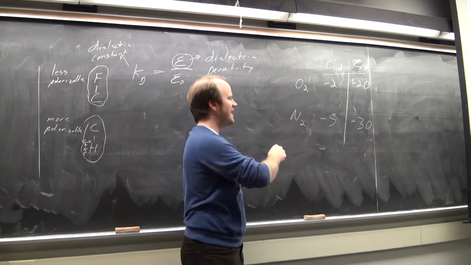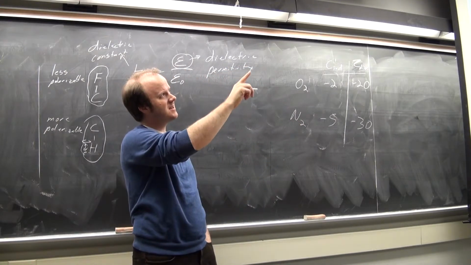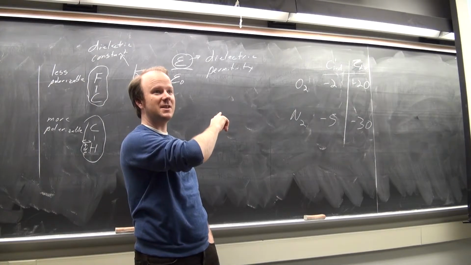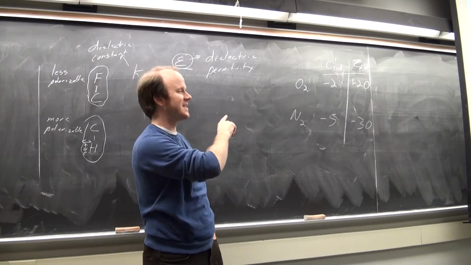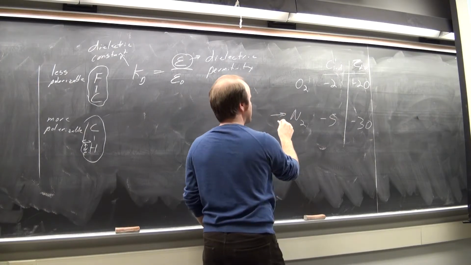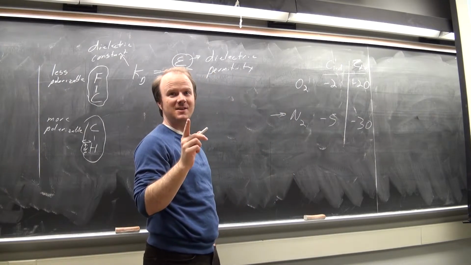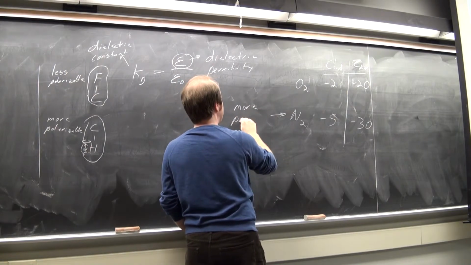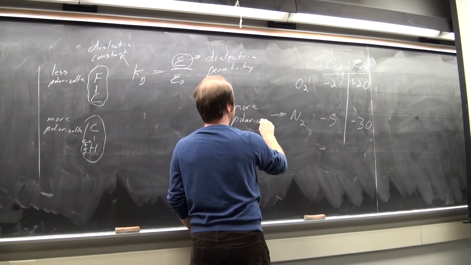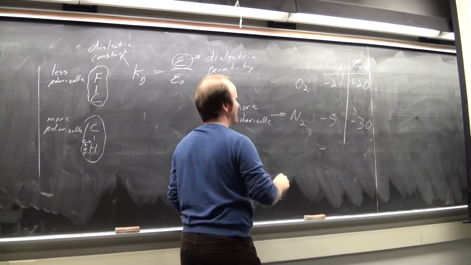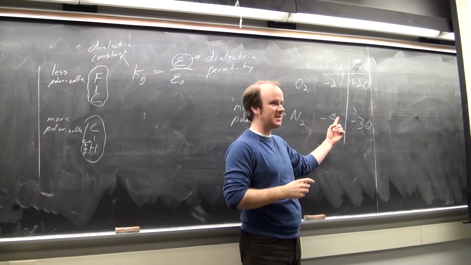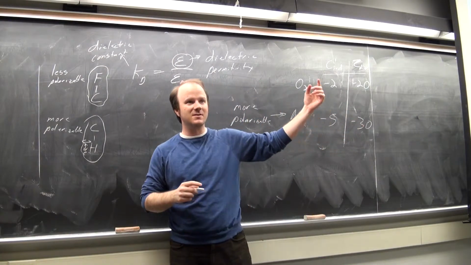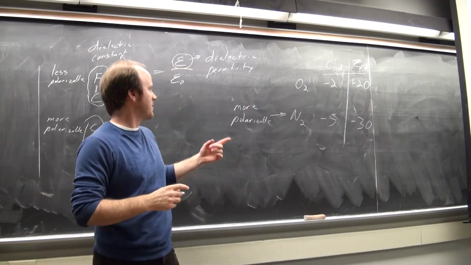So oxygen, nitrogen. Is nitrogen more or less electronegative than oxygen? Less, I think, right? So it's got more electrons. I think that's right. It's also more polarizable. Right? So it's got higher induced forces, and it's probably larger, so it's got higher dispersion forces, right? What about boiling points?